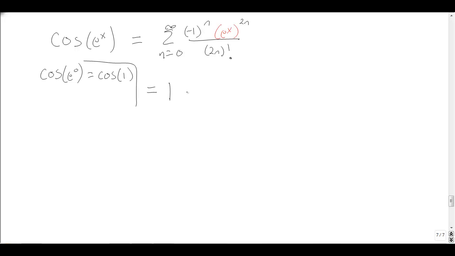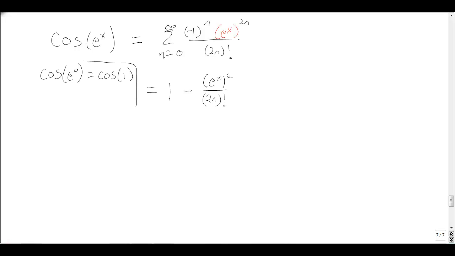When n is 1, I'm going to get a minus, what am I going to get? Minus e to the x squared over 2n factorial. And now I'm realizing something I could have done on the last one here.